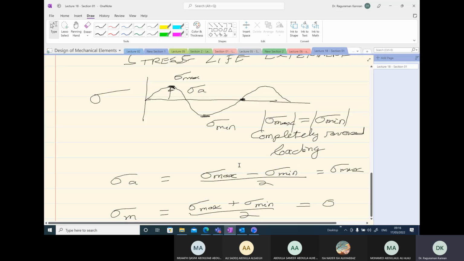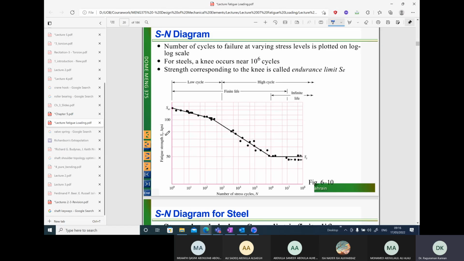Remember, in cyclic loading, the stress is not constant. So on the y-axis, we have the amplitude of stress. For a particular amplitude of stress applied on the material and undergoing a certain number of cycles, we have a failure point. So each of these points means one experiment conducted with one specimen until failure.